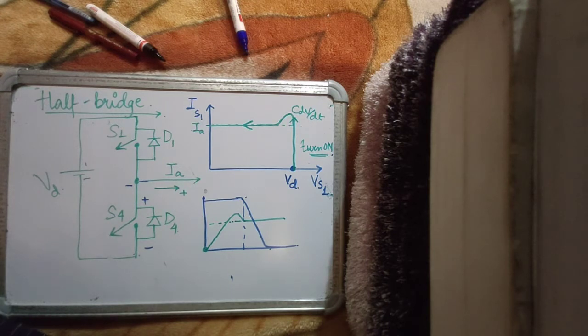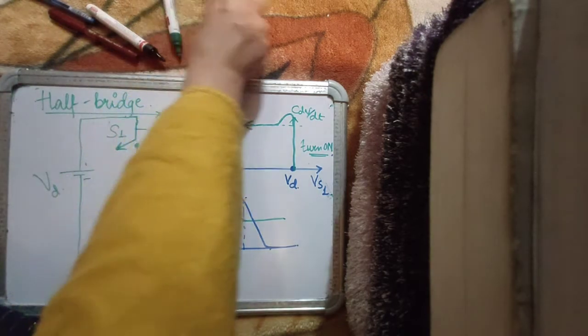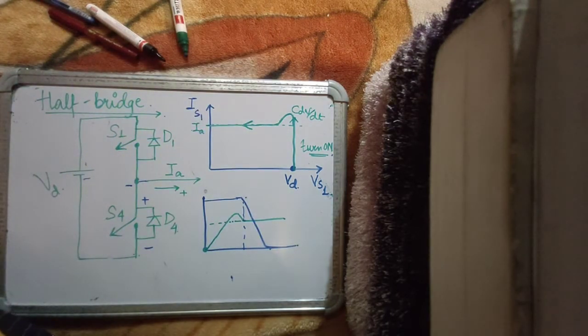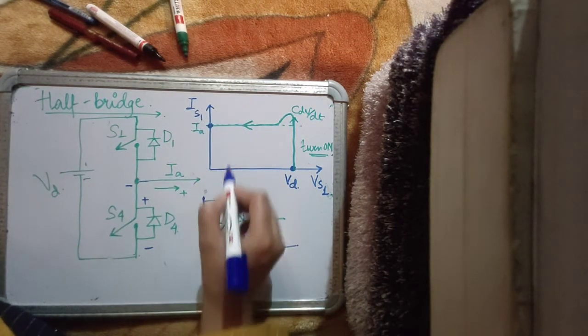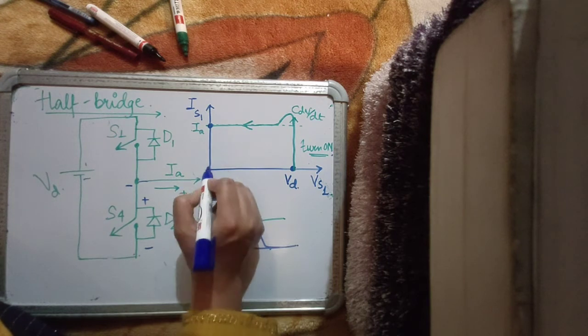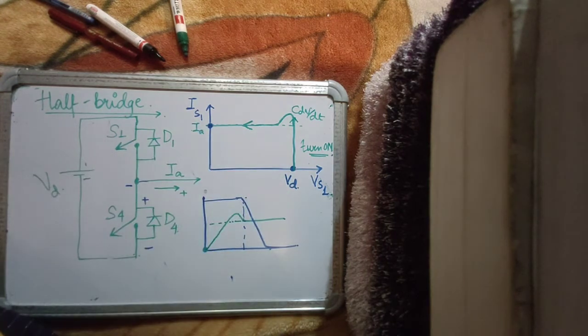And if you do the turn off curve, when you turn off the device, assuming the device has now turned on, it will be operating at this point. It will be carrying some current and the voltage across the device will be almost zero. Now you have to turn the device off, right? So let's see how the device actually turns off.